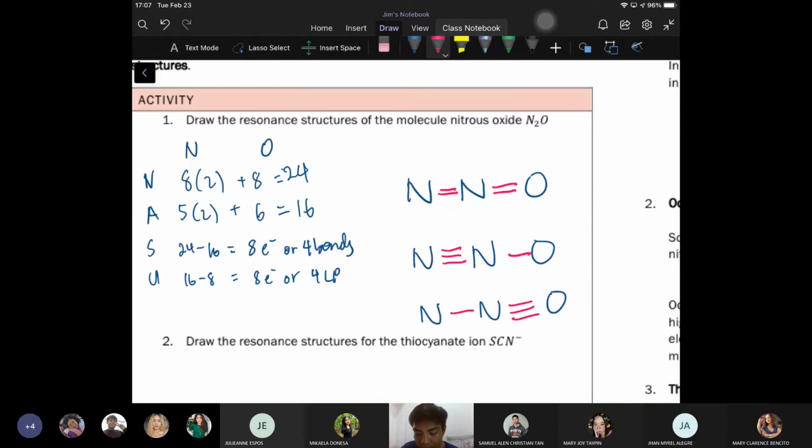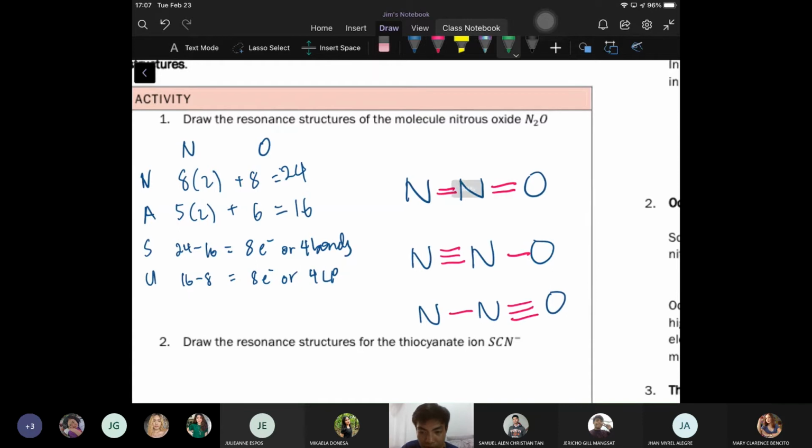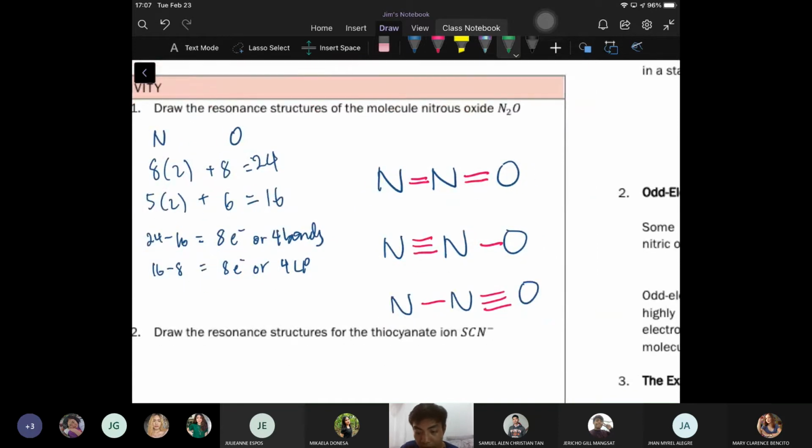How about the lone pairs? For the lone pairs, distribute natin yung ating electrons. Terminal first, so oxygen muna. Oxygen, 4 electrons yan. So let's add the lone pairs, 4 dapat. Okay, octet na yan.